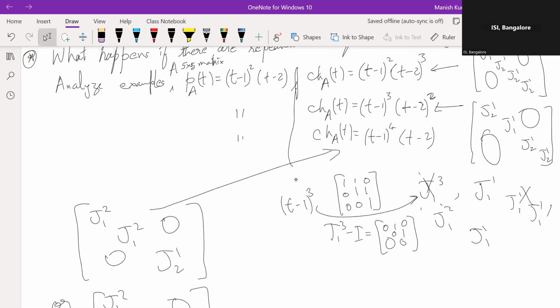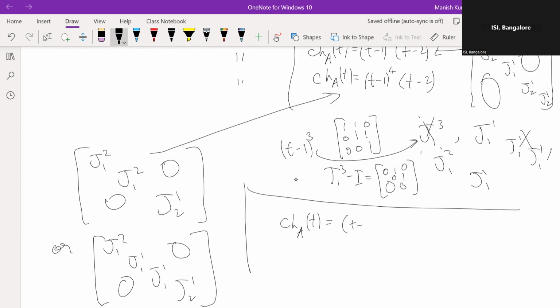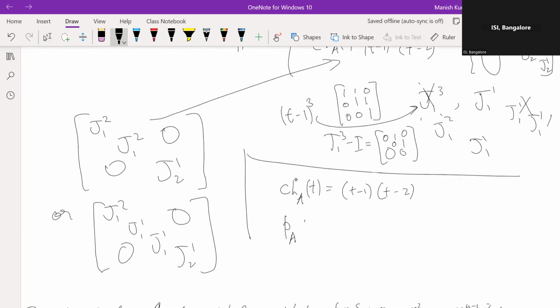of degree... so characteristic polynomial of degree 5. So tell me the characteristic polynomial and the minimal polynomial. You have to give me the exponents of these two factors, in both, such that there is a Jordan block J13. What exponent should I put?